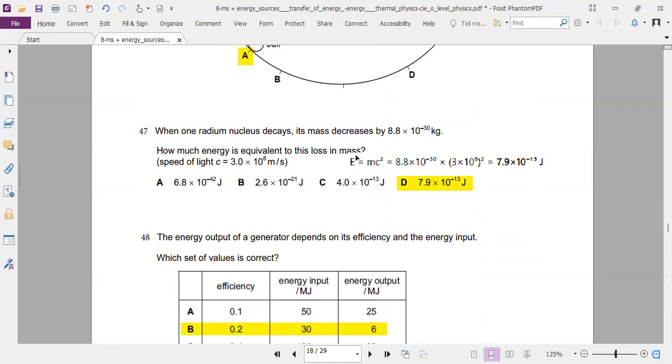This, we haven't done, but I have just mentioned it here for extra knowledge. In this question, a radium nucleus decays and its mass decreases by this much. How much energy is equivalent to the loss in mass? Remember that in this question, the decrease in mass, well, we have studied that the mass does not change, but in nuclear reactions, the mass decreases and it converts into energy.